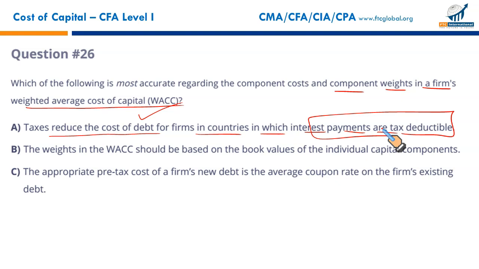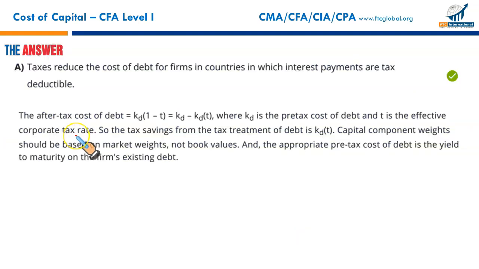You get a benefit on tax. So tax reduces the cost of debt. That's the reason we have this formula for calculating cost of debt: coupon or effective rate multiplied by 1 minus tax rate. This is the effective cost of debt. Some part of the interest is saved by tax, so the cost of debt is low. We need to look no further. A is the right answer.